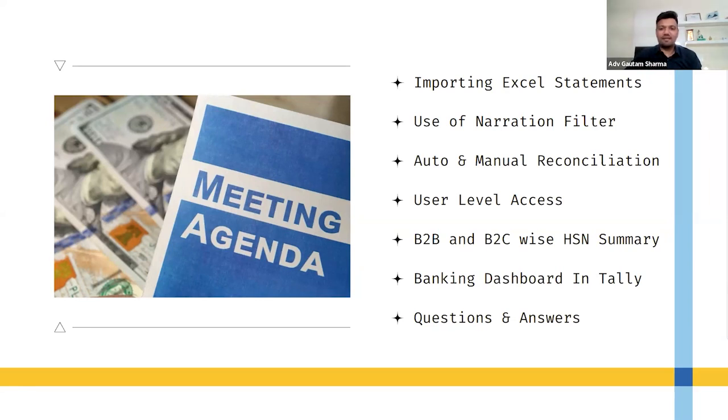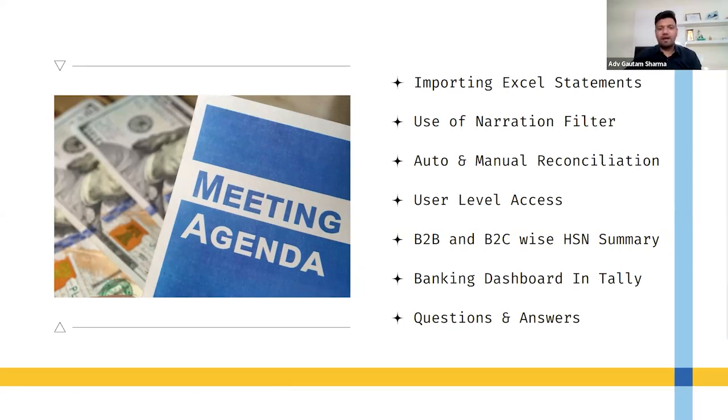We will use the narration filter option; using it, you can automate most of your tasks related to banking entries. We will see auto and manual reconciliation options, and user level access. For example, in an office you may not want to give your data entry operator access to everything, so how to configure that in TallyPrime 6.0.